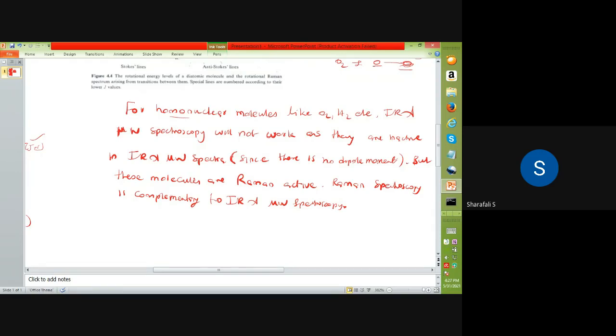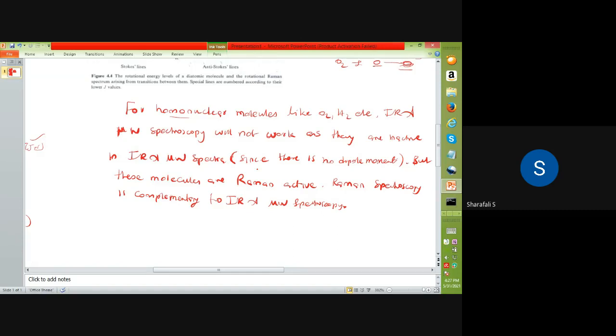Because they are inactive in IR and microwave spectroscopy, but active in Raman spectroscopy, which means they will give you Raman spectra. So we can say that Raman spectroscopy is a complementary technique to IR and microwave.